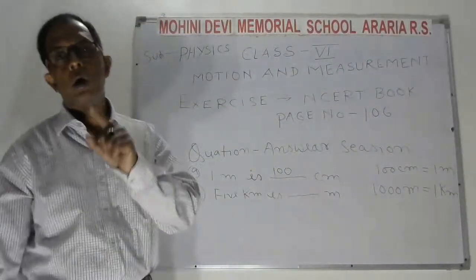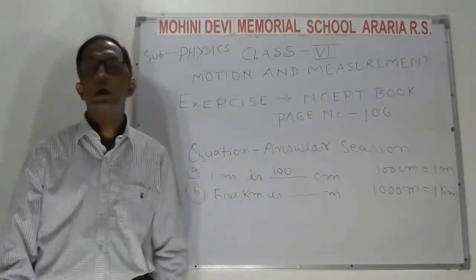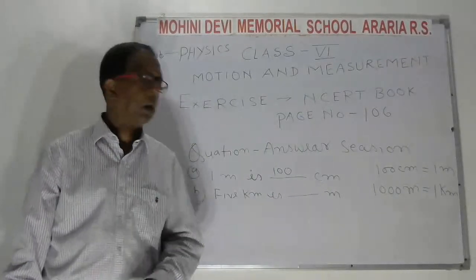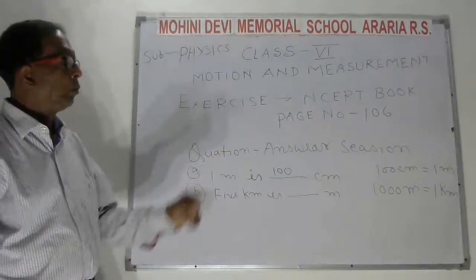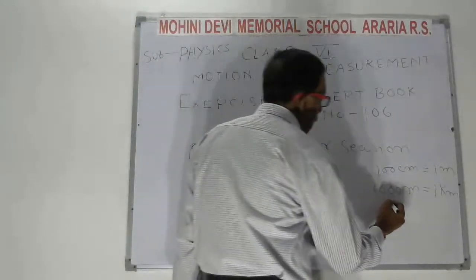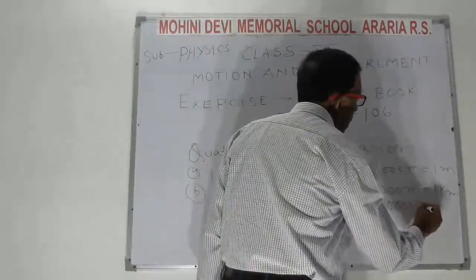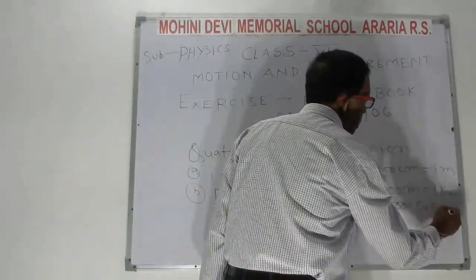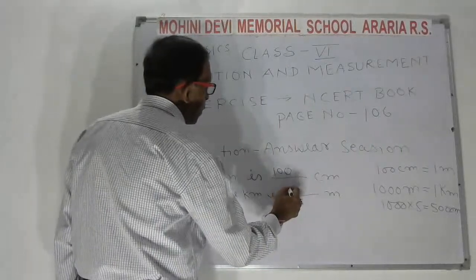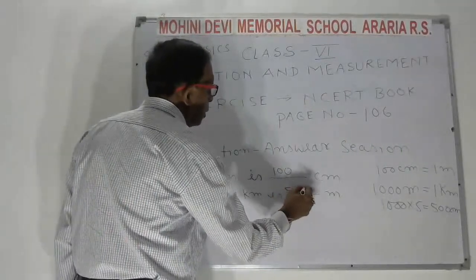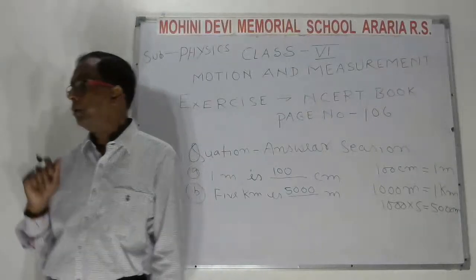I have already taught you in class that 1000 meter is 1 kilometer. And here the question is 5 kilometer, which means 1000 is multiplied by 5 and the answer is 5000 meter. So you see here, 5000 meters. Okay, my guys.